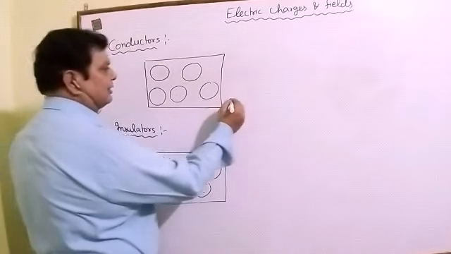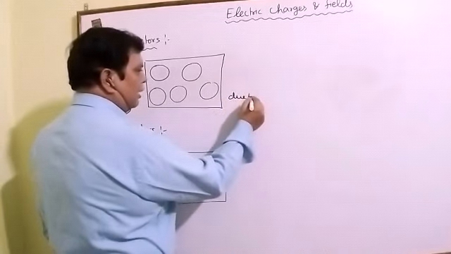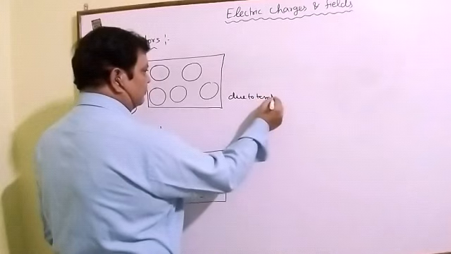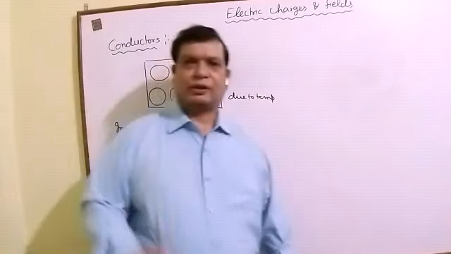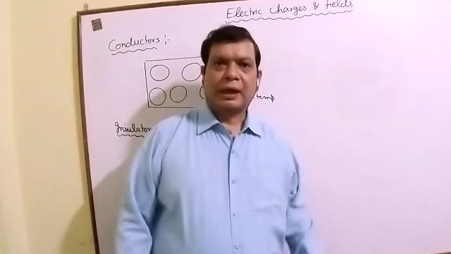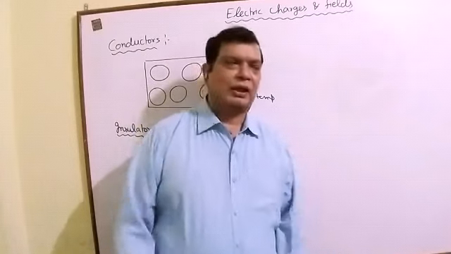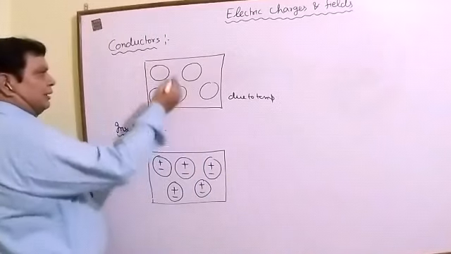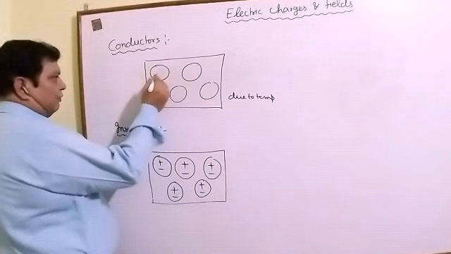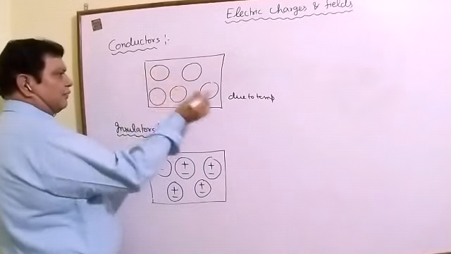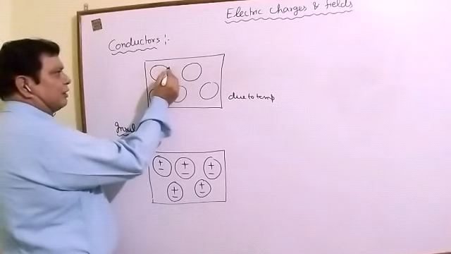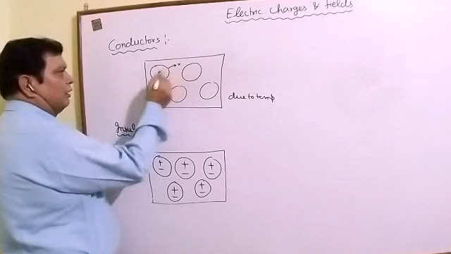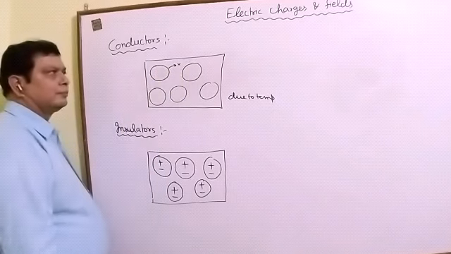Actually, due to the temperature of the substance, each and every substance has some thermal energy. Because of that thermal energy, in conductors, the atoms, after absorbing some thermal energy, have their valence electrons come out of the atoms.